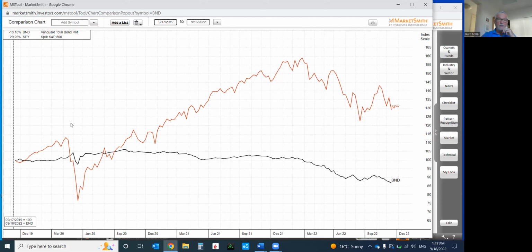Then you could take the math a little bit further. Let's say I had 60% in equities and 40% in bonds, which is the traditional split that advisors would have you in. I can't do the math in my head that quick, but you've gained 130, but only 60% of your portfolio's there. So that's 780,000.